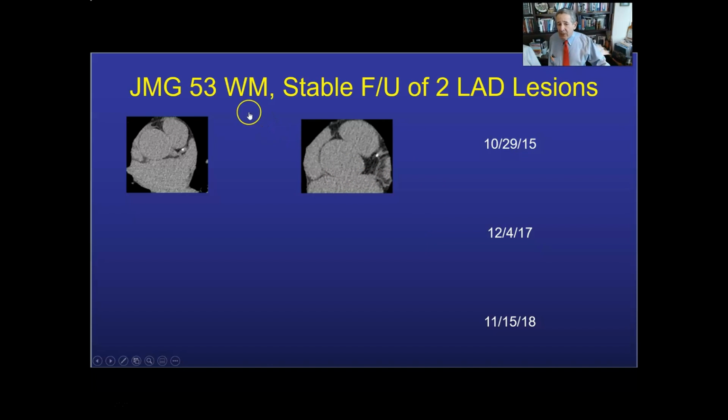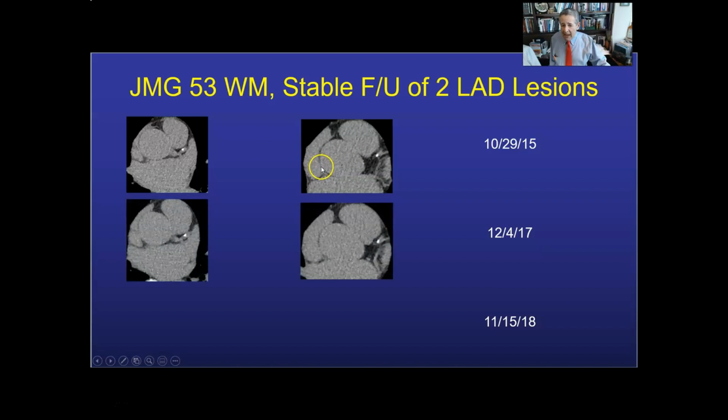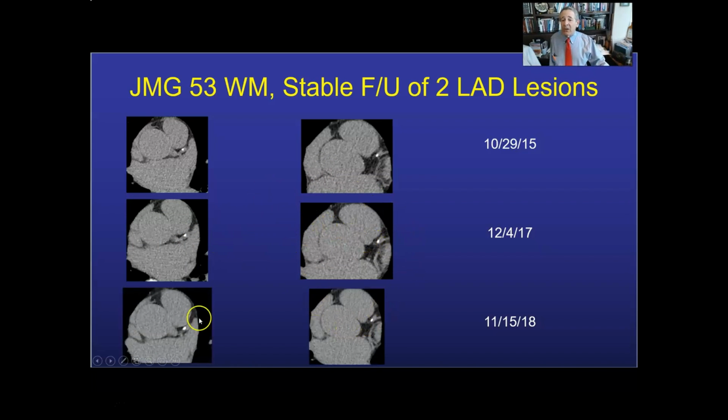So here's a 53-year-old who we've been following for close to 10 years. He has had 2 lesions in his LAD. He's been treated with lifestyle and medication. And we see the same plaques year after year, but no new plaques. So both we and the patient can have confidence that we're doing a pretty good job. Now, the plaques do get bigger and denser over time, but we don't see new plaques.